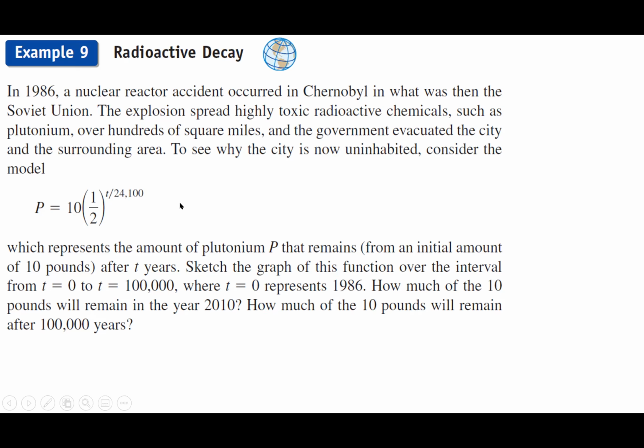My wife, she was younger at that time, but she lived close to it. So when it exploded and they found out about it, my father-in-law immediately took them to a city called Odessa, which is way, way south of it. And they just lived there for the next 3 months.